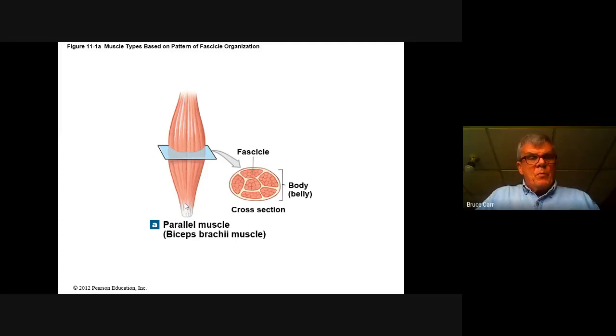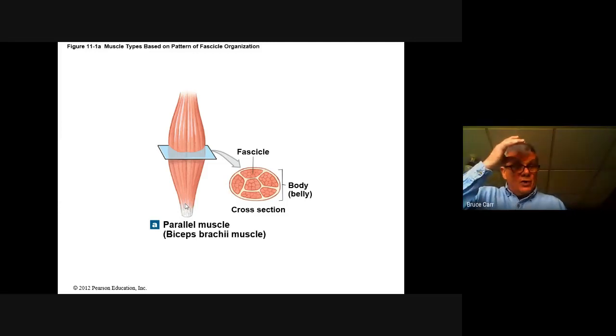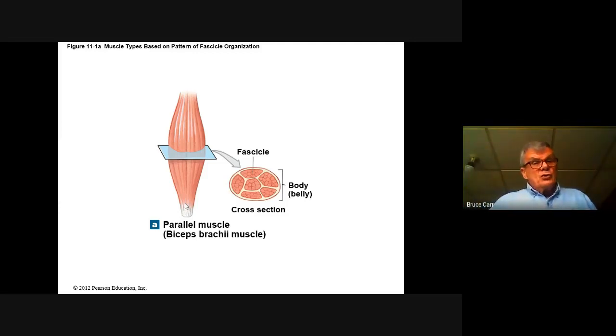This is where the muscle fibers are blending into and attached to collagen connective tissue. This collagen tissue forms what's called the tendon. The tendon is the connective tissue that hooks a muscle to the skeletal element, the bone. So muscle to bone, tendon. You recall that bone to bone we call ligament.